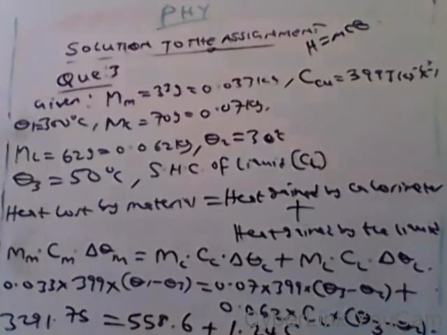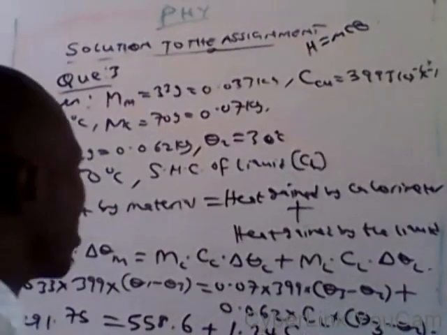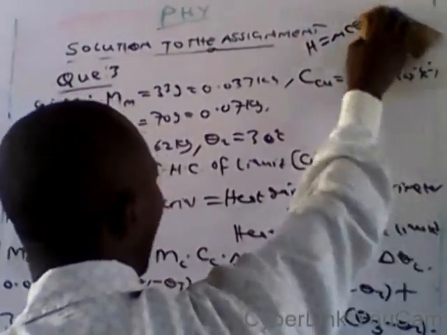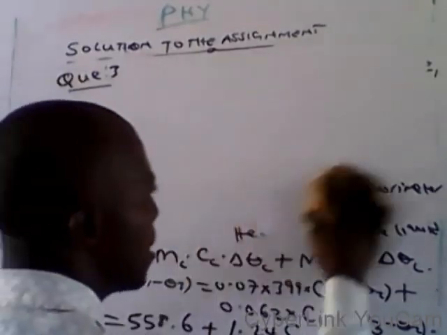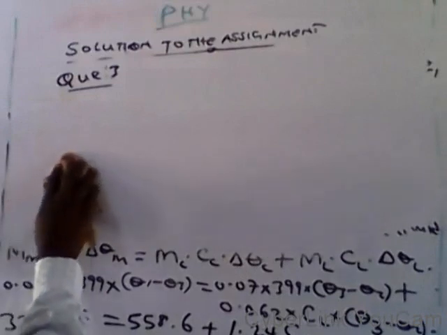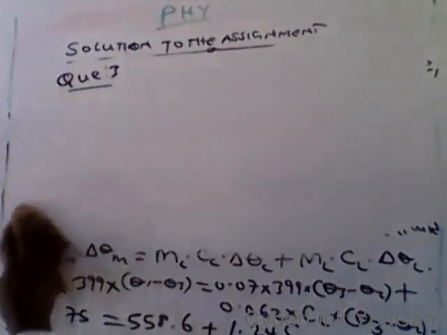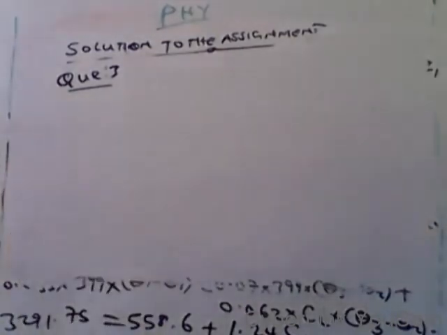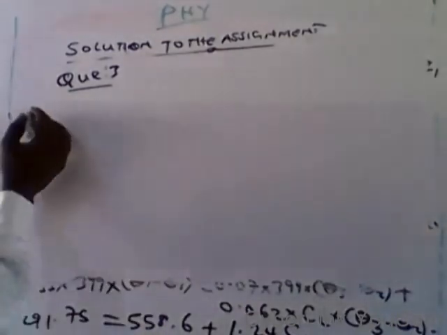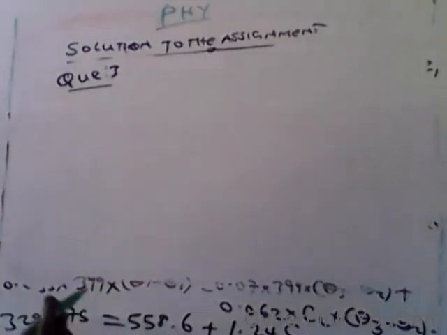Then from here, we're trying to make Cl the subject of formula. Making Cl the subject of formula, that is 1.24 Cl, transfer this one to this side.